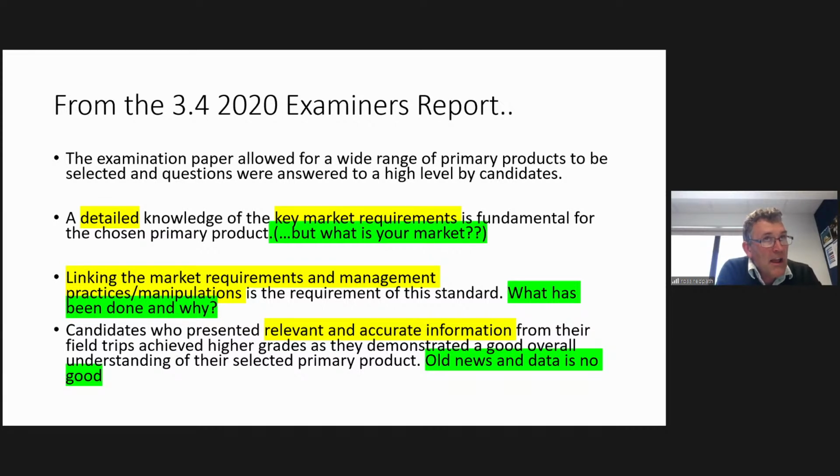What has been done, and why. Sometimes that linking requires a number of steps. If I'm going to irrigate my potatoes with up to 700 mils of water over their growing season, that is then going to allow me to get the size of chipping potatoes greater than maybe a 10 centimetre diameter, which the chipping market requires. We don't want little tiny chips; we need a decent potato. That requires a certain quantity of water. How much?